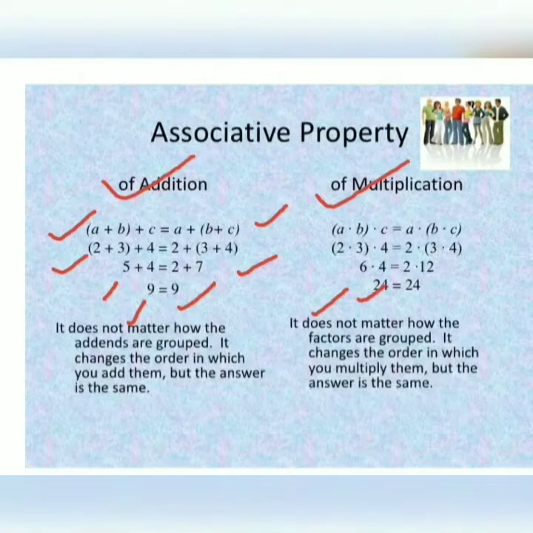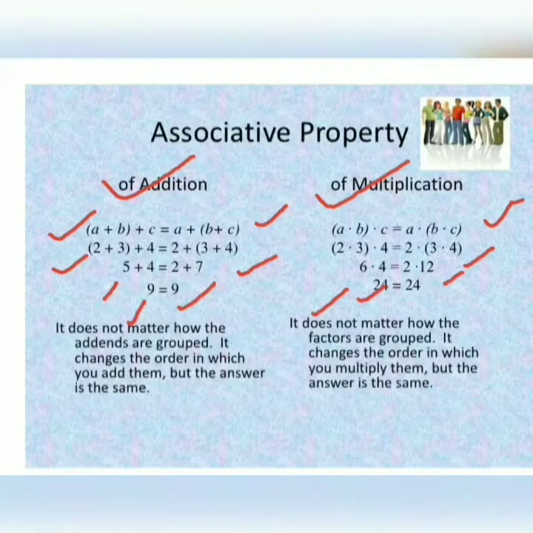Now see the RHS. In the RHS we have b into c within the bracket and a outside the bracket. So firstly we have to multiply 3 into 4. When we multiply 3 into 4, the result is 12. Now we have to multiply 12 with a.